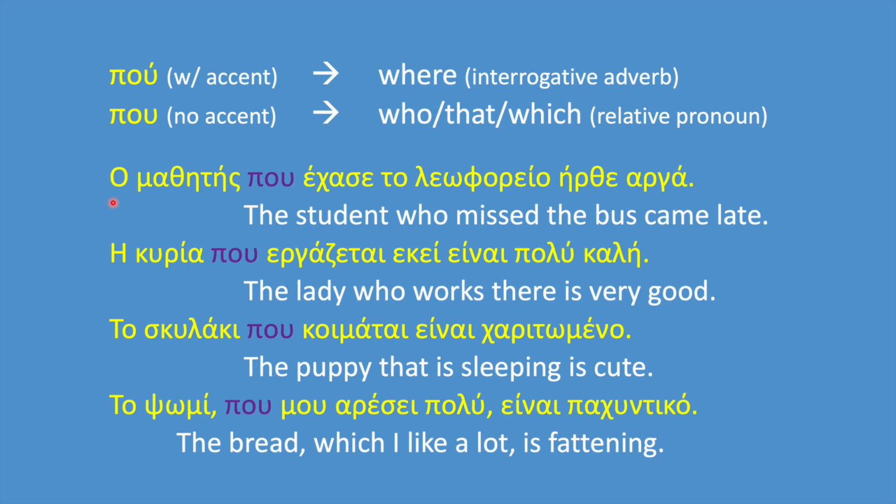For example, ο μαθητής που έχασε το λεωφορείο ήρθε αργά. Η κυρία που εργάζεται εκεί είναι πολύ καλή. Το σκυλάκι που κοιμάται είναι χαριτωμένο. Το ψωμί που μου αρέσει πολύ είναι παχυντικό.